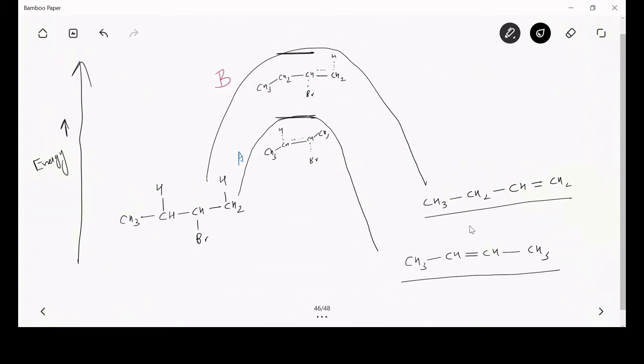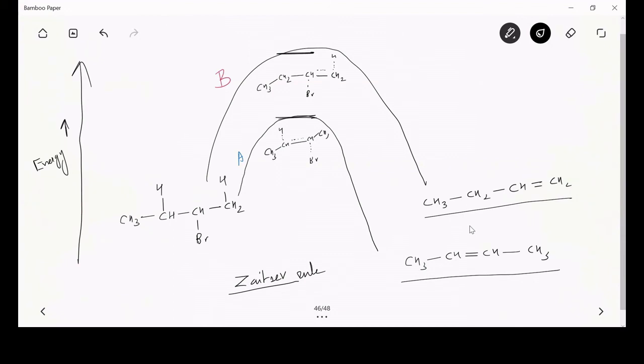Have you ever heard of the Zaitsev Rule? This was discovered by a Russian scientist whose first name is probably Zaitsev. So according to his name, it is called the Zaitsev Rule: when there is an option that two different kinds of alkene can form from the same substituent, then the one which has more substitution will be the major product.